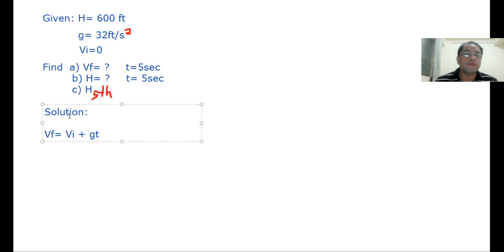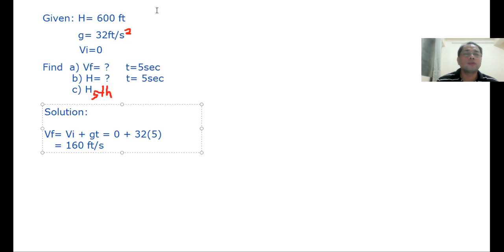Our initial velocity being 0, this will be 0 plus G, which is 32, and then time, which is 5 seconds. Therefore, our final velocity after 5 seconds is 160 feet per second. That's how fast the object will travel on the first 5 seconds.